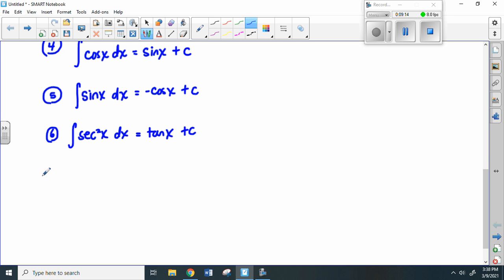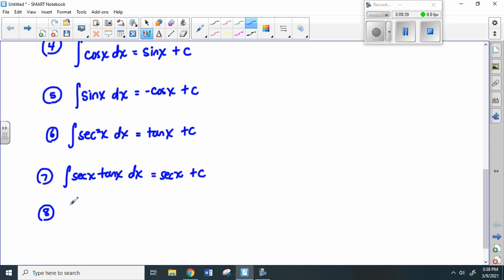When I took the derivative of secant of x, I got secant x tangent x. So I should be able to integrate secant x tangent x. You always have to have your dx, and that will take you back to secant of x, plus c.